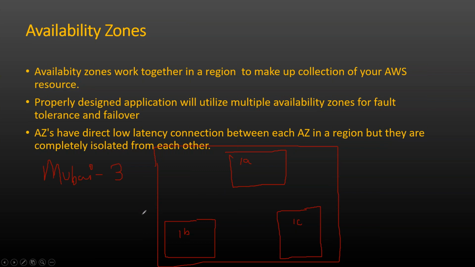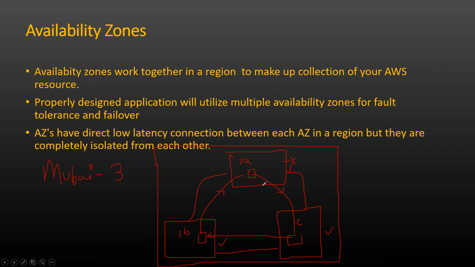They are completely isolated, which means failure of one availability zone will not impact the services running in the other availability zones. But internally, these 3 are connected. So when you are deploying your applications here, here, and here on 3 different availability zones, they get to talk to each other directly without any delay in latency. There won't be any latency at all.